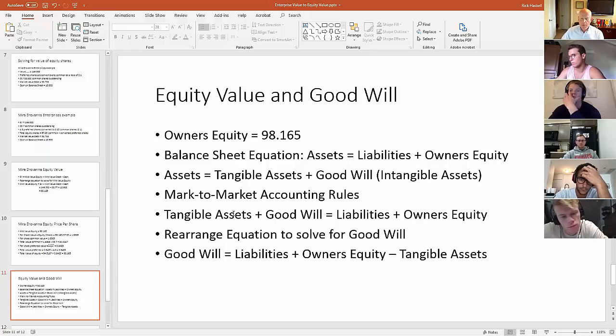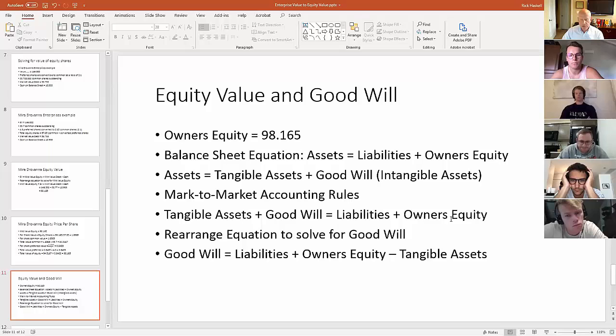Let's assume for a moment that the assets on this company's balance sheet have already been marked to the market. That means that we can then expand our equation here, knowing that tangible assets plus goodwill equals assets. And now we can say tangible assets plus goodwill equals liabilities plus owner's equity. Now we're going to rearrange the equation to solve for goodwill. We know what the assets are. We know what the liabilities are. We know what the owner's equity was.